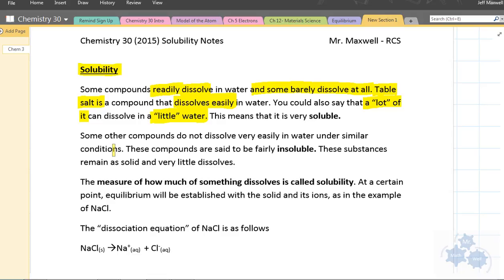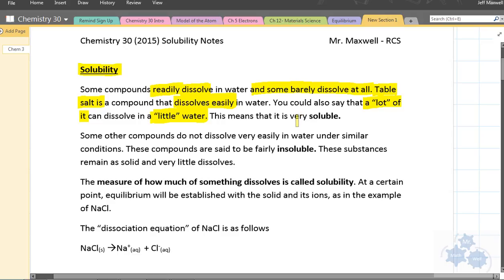All the little particles have been enveloped by the water, like we talked about with surface area. Actually, I guess it was in physical science. We talked about kinetic molecular theory, right? And how these little particles get mixed up with the other particles. That's what dissolving really is. So if a lot of it can dissolve in just a little bit of water, this means that it is very soluble.